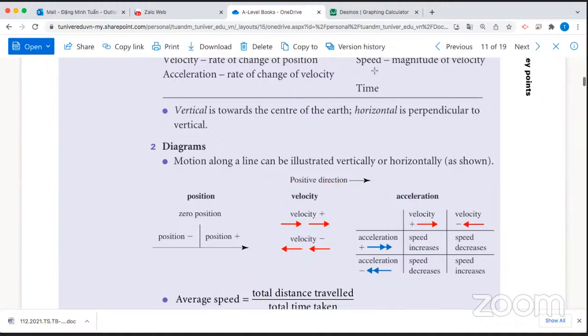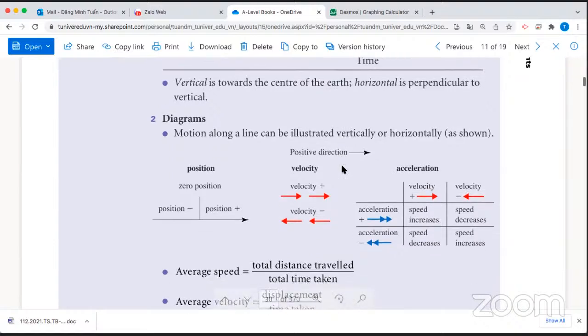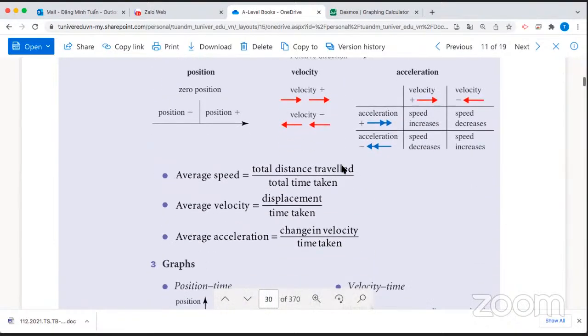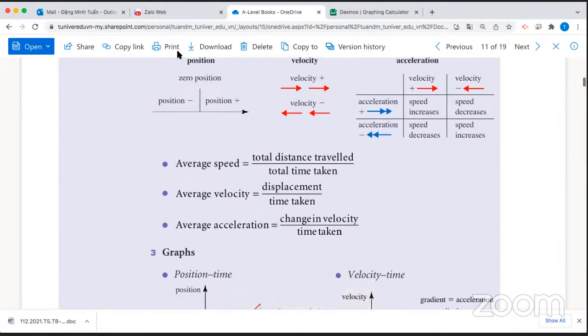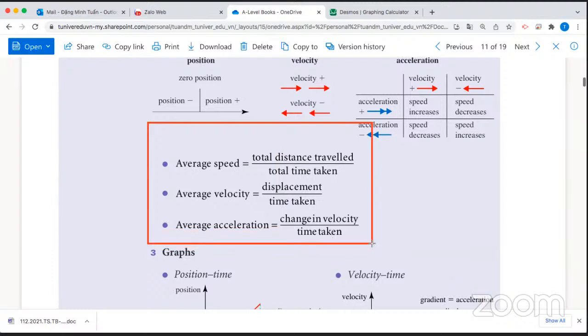And then the averages. We have three kinds of average: average speed, average velocity, and average acceleration. Average speed is distance divided by total time taken.